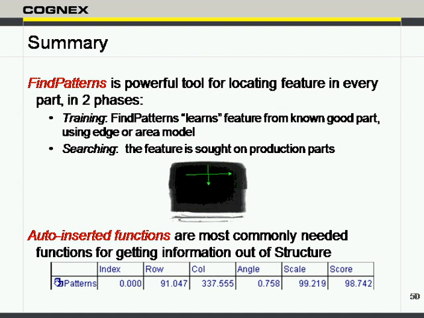And then the Find Patterns tool is a locating type tool which gives us our row, column, angle information, which then populates all the other tools that we put on the spreadsheet to be able to find the specific part, specific placement on a part by using the Find Patterns tool. The two phases of Find Patterns are you must train it first and then indicate where it will look, the searching area.